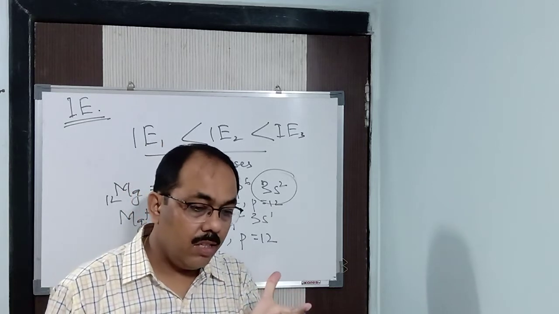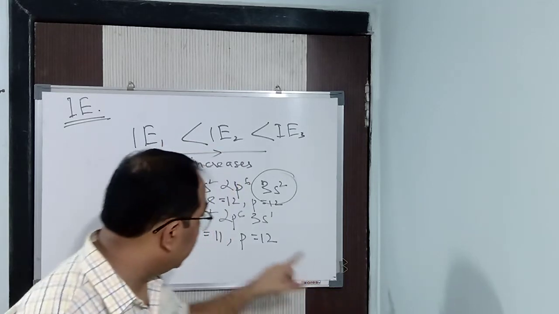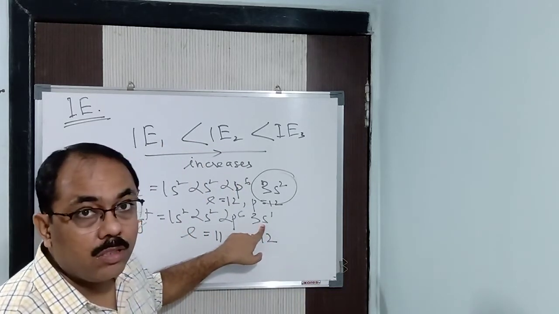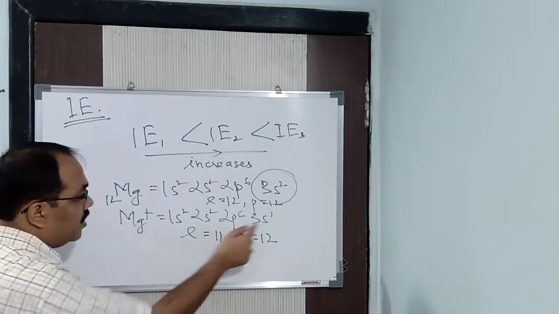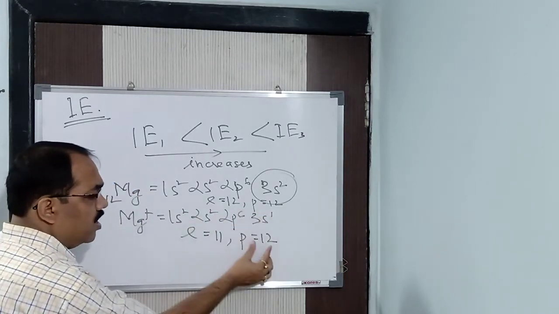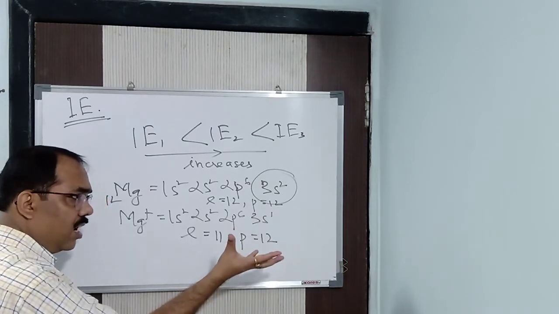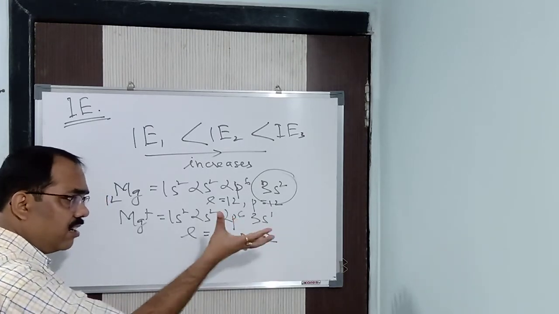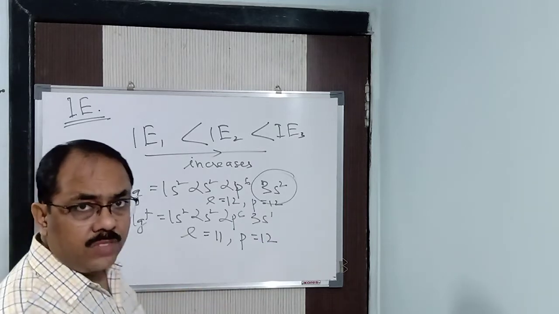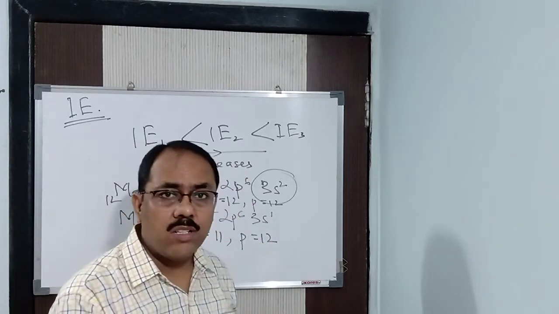Listen carefully. Will it be easier to remove this electron present in the outermost shell now? Here atomic size is decreasing because nuclear charge is increasing. Number of protons is more, so nuclear charge increases. The nuclear charge pulls the remaining electrons strongly towards itself.